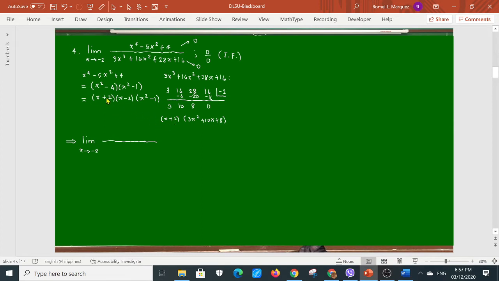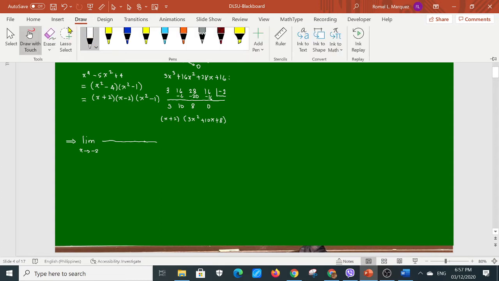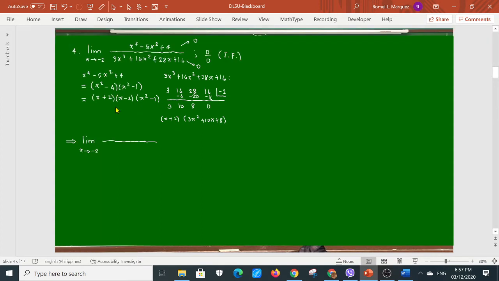I'm going to cancel x plus 2, I'm not going to write that anymore. So, we now have x minus 2. Then, the other factor, x squared minus 1. The denominator, we have, after cancelling x plus 2, 3x squared plus 10x plus 8.